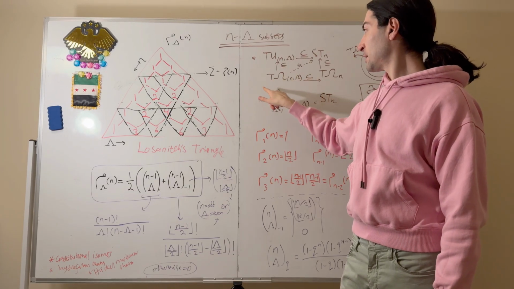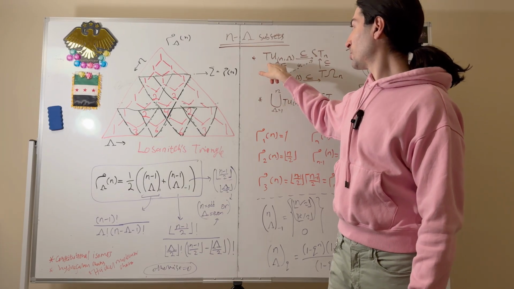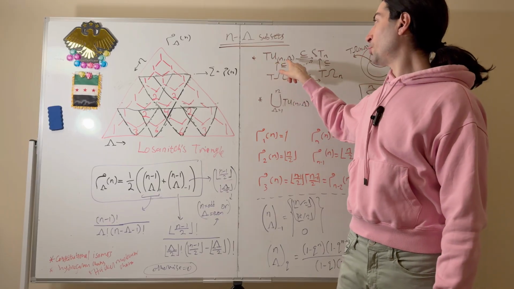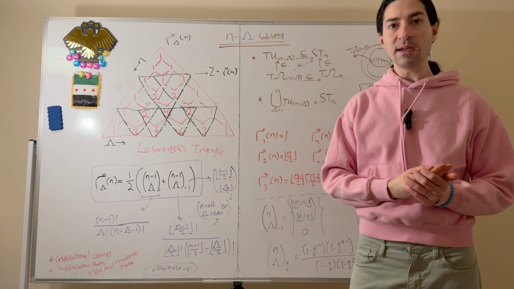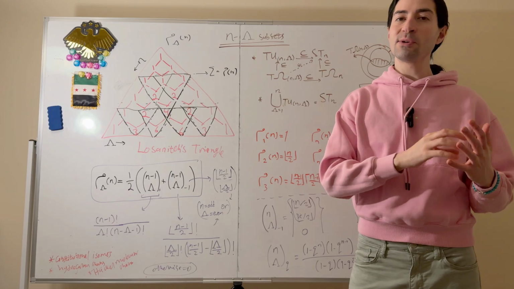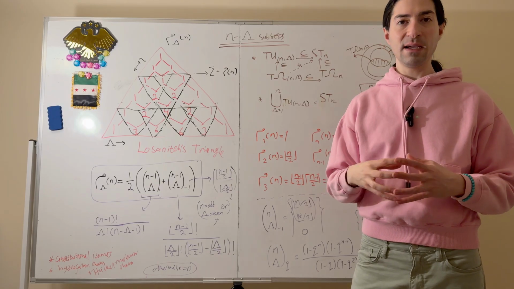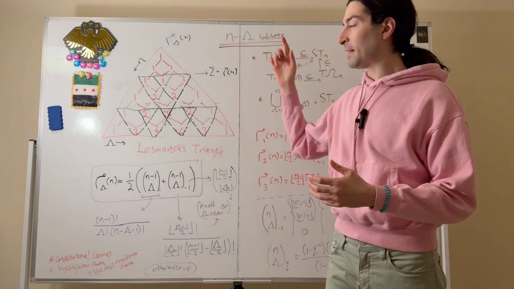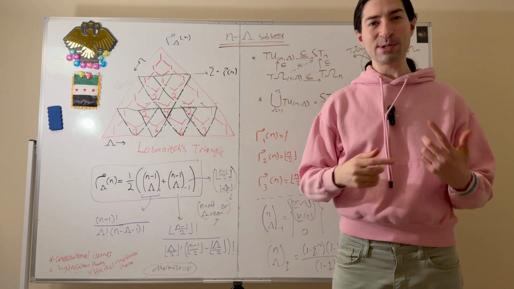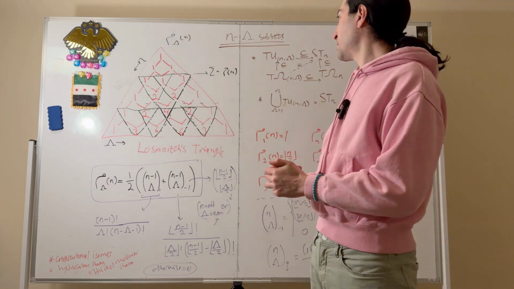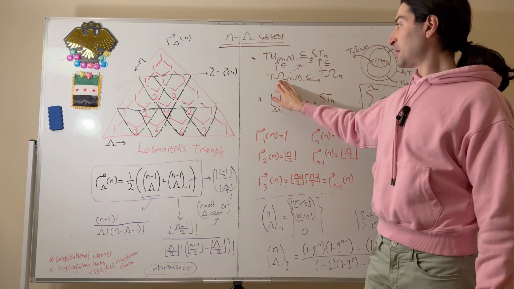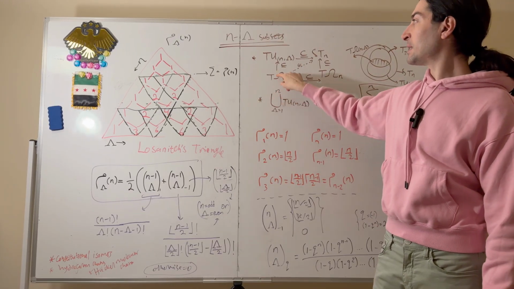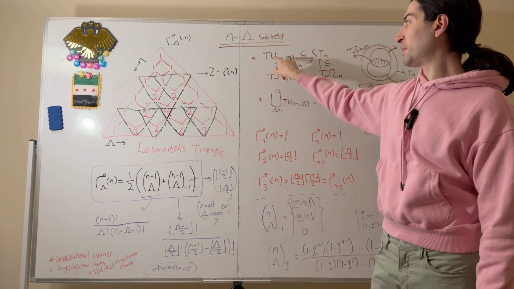So this is a subset of the Tu n lambda. So the symmetric subset is also a subset of the n lambda subset. Sorry, we're saying subset a lot. It might get confusing, but that's why we have this diagram. So the symmetric subset is also a subset of the n lambda.